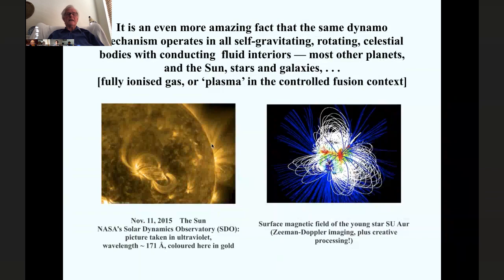Here's a picture of the Sun where you see prominences from the Sun extending to the solar corona, following generally the lines of force of the external dynamo-generated magnetic field. Here's the surface magnetic field of a young star, imaged by Zeeman Doppler imaging, plus some creative image processing.